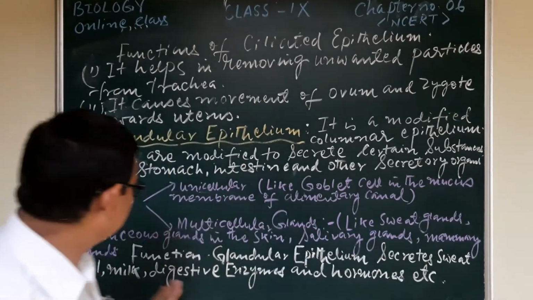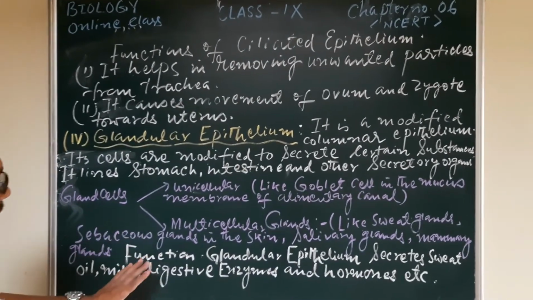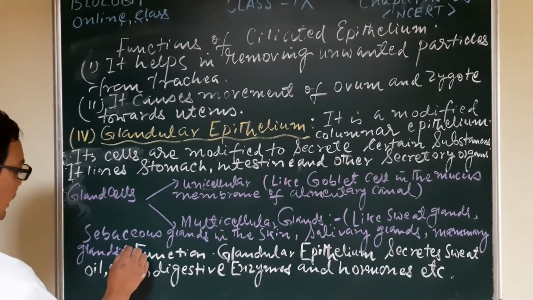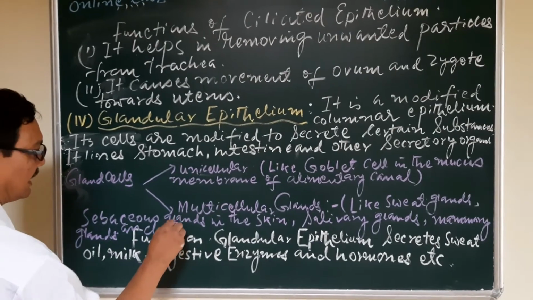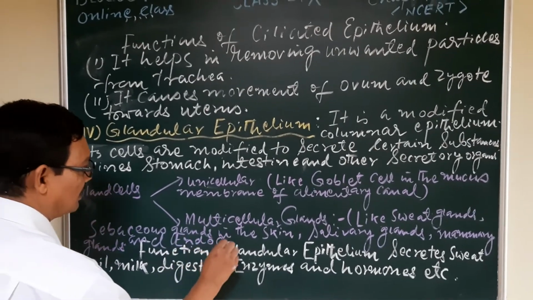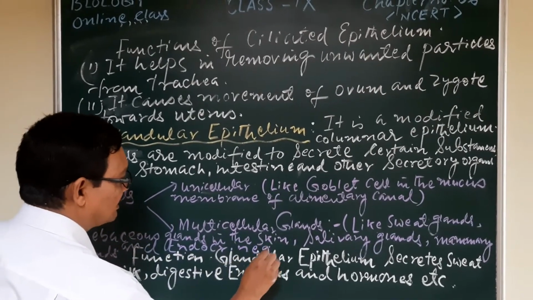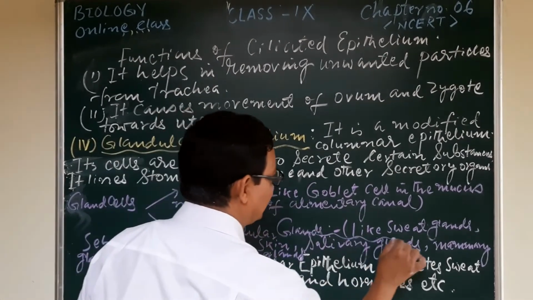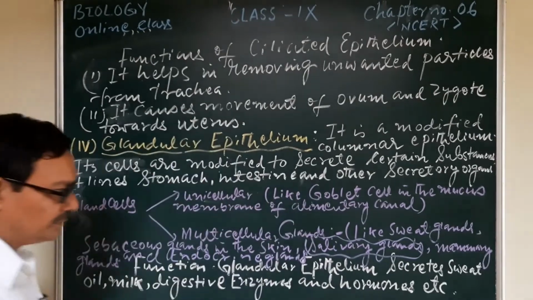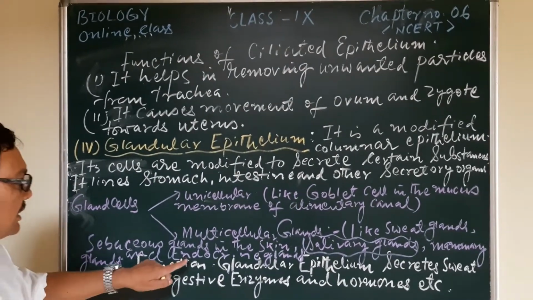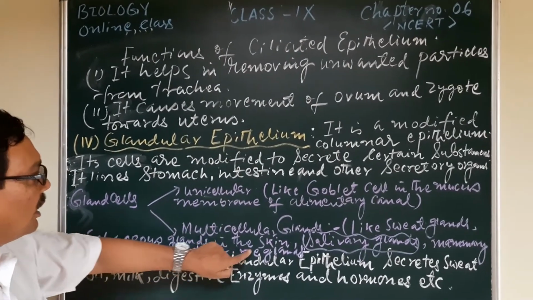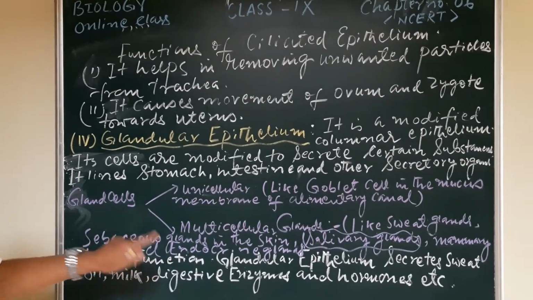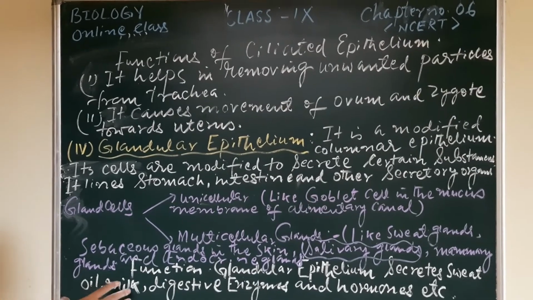And the mammary glands which secrete milk, and also the endocrine glands, which secrete hormones. The salivary gland is the example of exocrine, and the endocrine's example is not mentioned here.